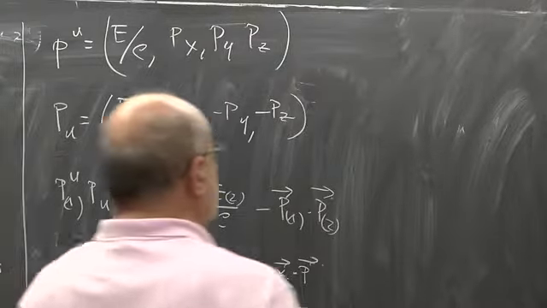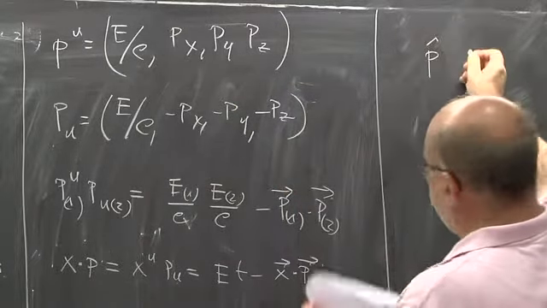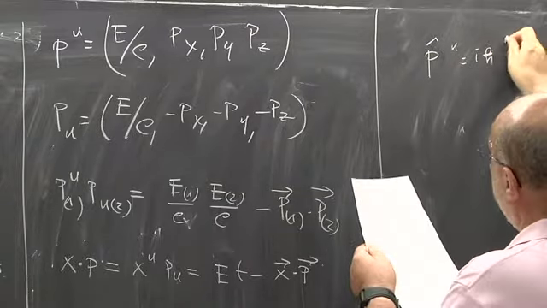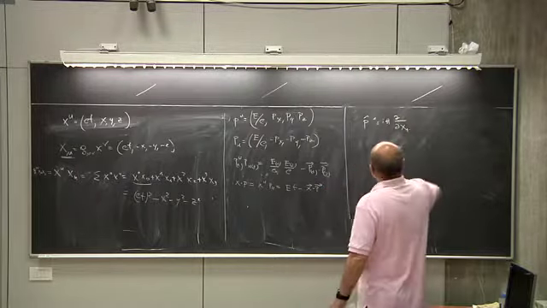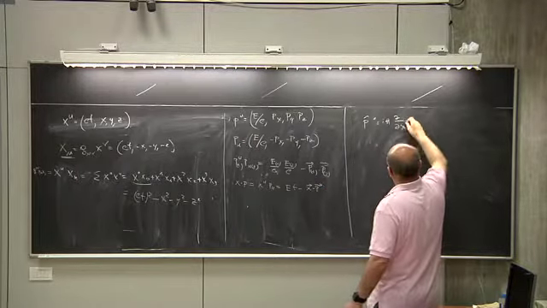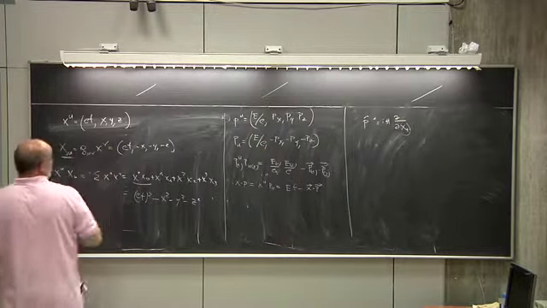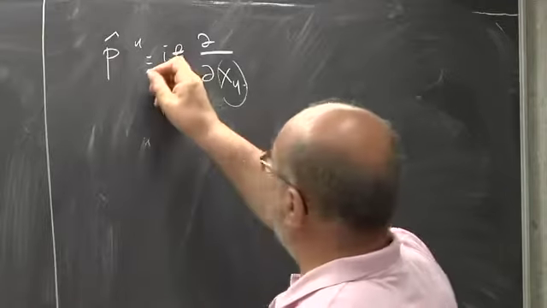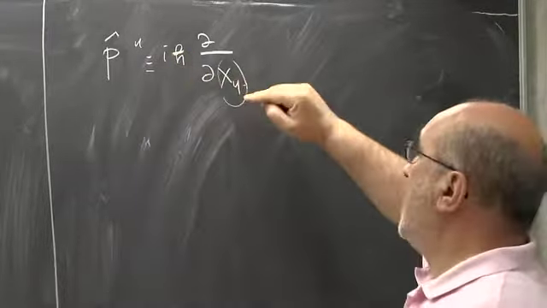Now, the fourth quantity that we will define is the following. We will define a momentum with index up, defined in this manner. Now, this object with the index down is the covariant. So this is a definition, a definition of a differential operator in this manner.